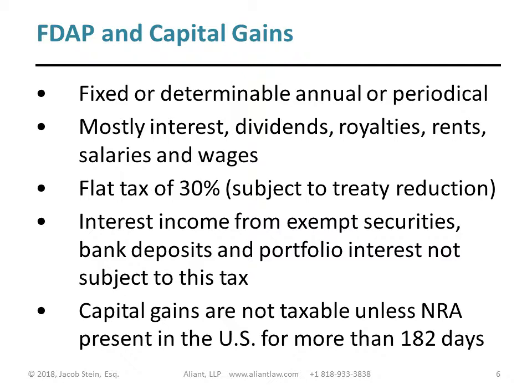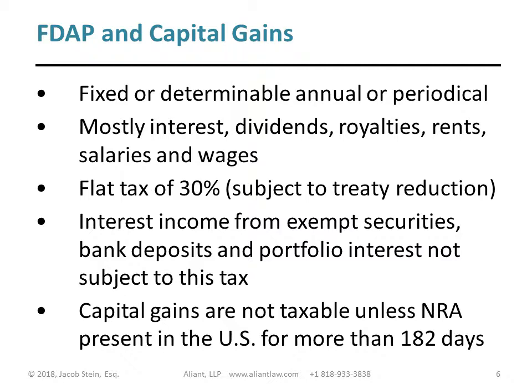They're just not. And the portfolio interest exception becomes an important planning tool, because often we will try to structure infusions of cash into the United States as portfolio interest loans to get away from the 30% withholding tax.